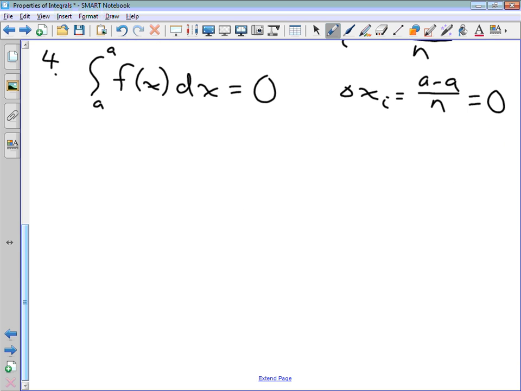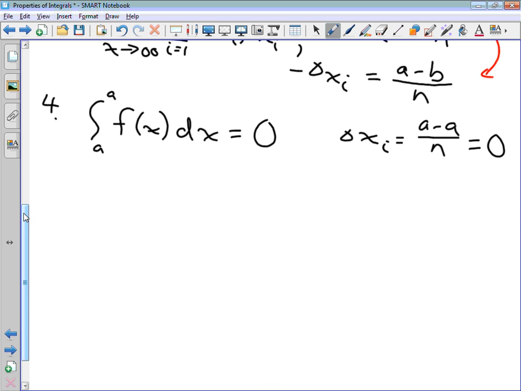And the last one that is sometimes useful is, let's say we have the integral from a to b of f(x) dx. We can always take this range of integration from a to b and break it up.